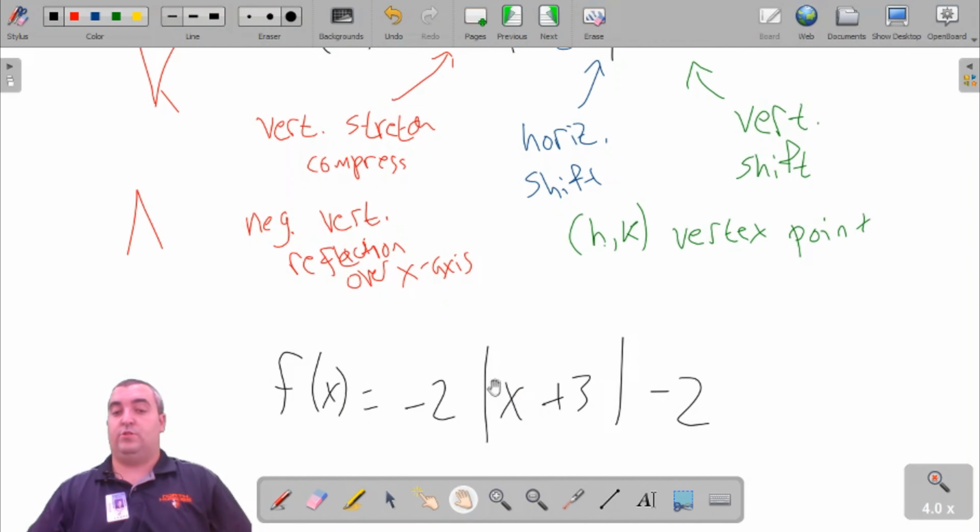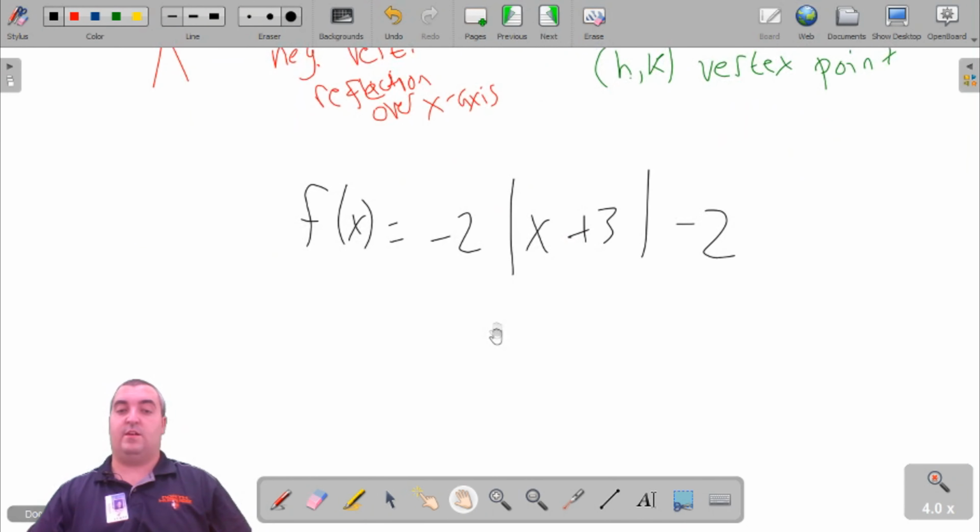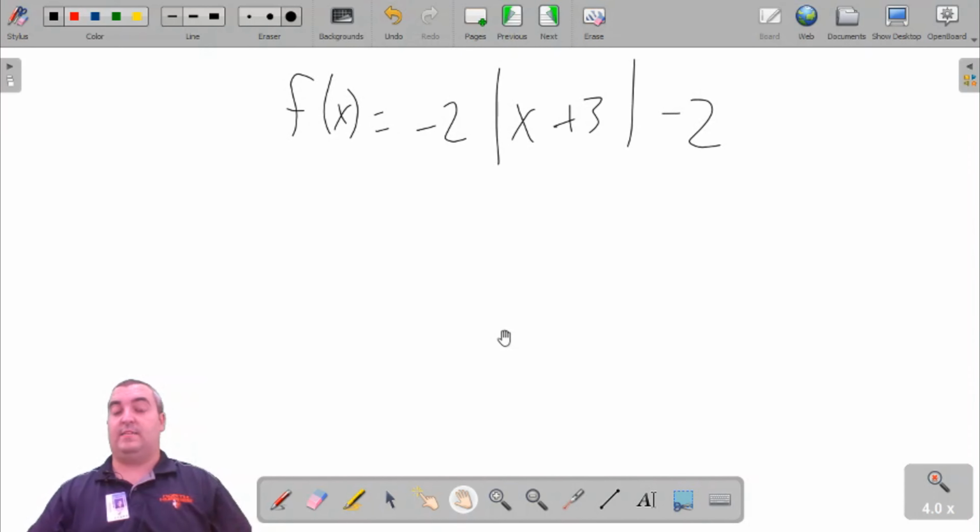You could just create a table of values like you could with any other function. It might take you longer than just identifying the things. It's kind of up to you. You could do an x and y table and figure out good x's and good y's so you can see the shape. But instead, I'm going to use what we just went over and graph it from there.